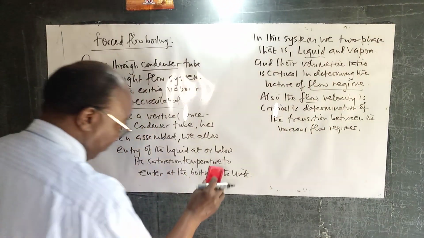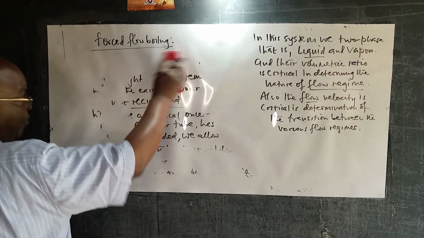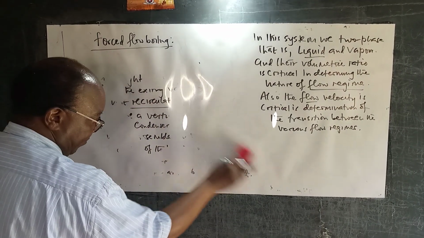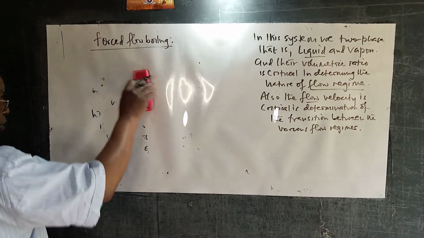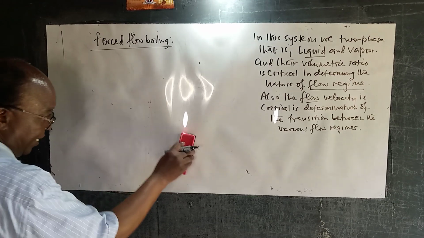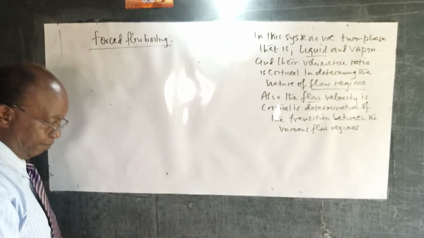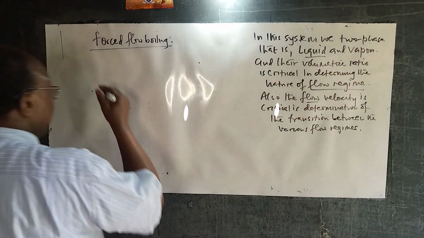What do we mean by flow regimes? We can identify a few obvious flow regimes in this particular system. That does not mean that we don't have intermediates of these main flow regimes, which I'm going to cite. The type of flow regimes.